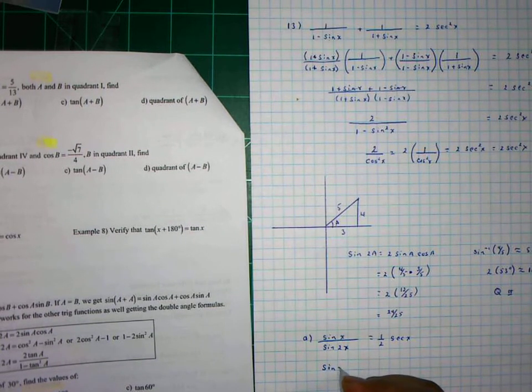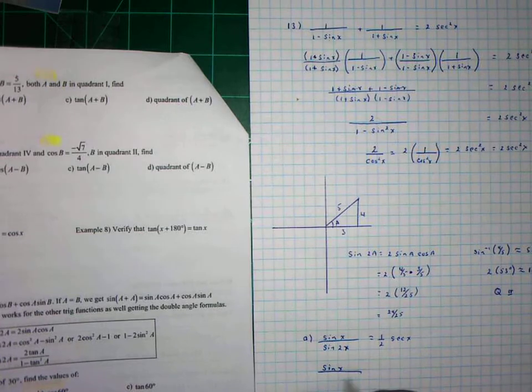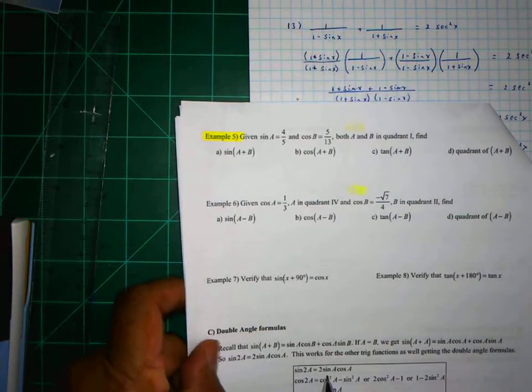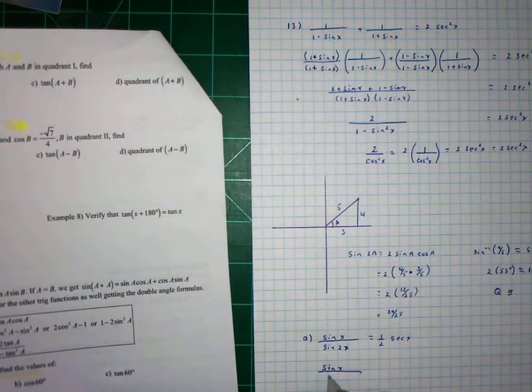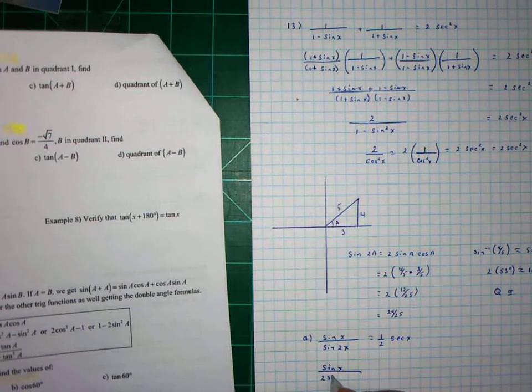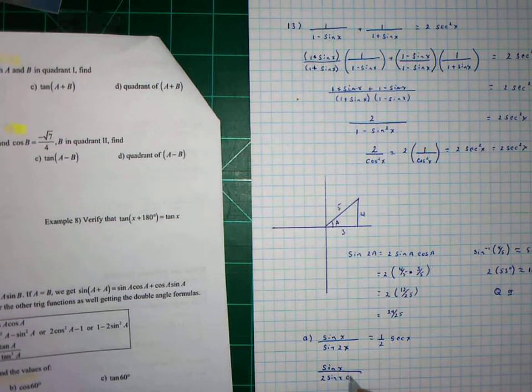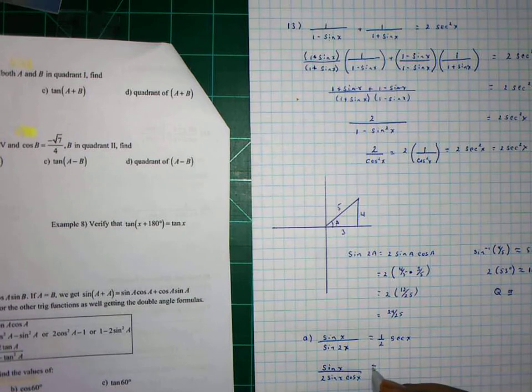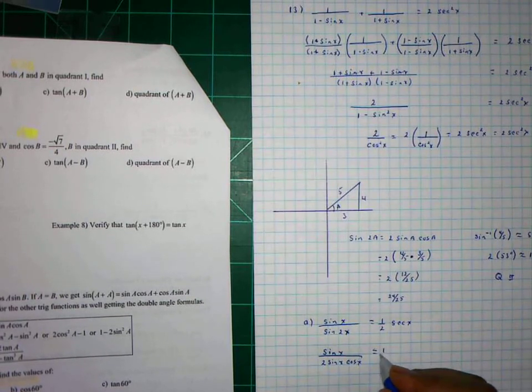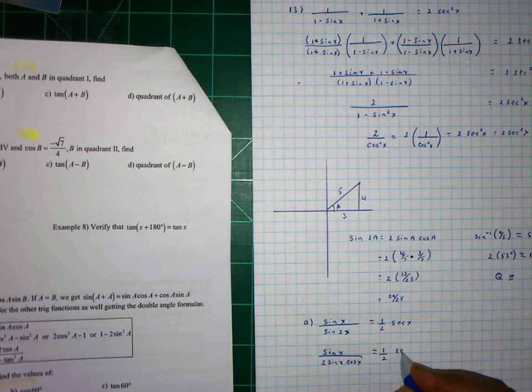So sine of x, and using this formula here, I'm going to write the sine of 2x as 2 times the sine of x cosine of x. And I want that to equal 1/2 the secant of x.